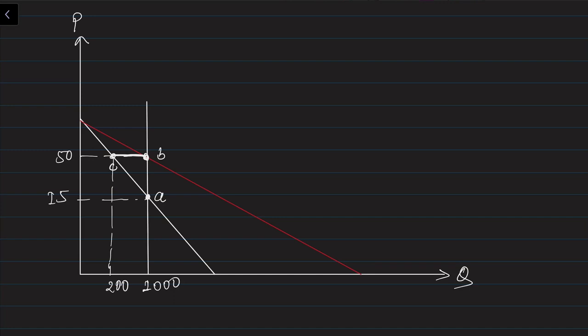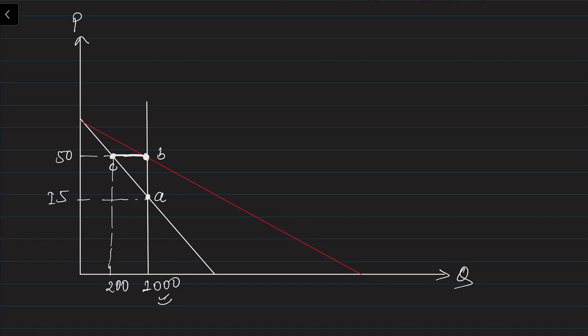So now my question is, how many slaves are they going to free from the market? So this is the amount of slaves that is going to be traded in the market, right? Because this is the aggregate demand curve and this is the supply. So this is the amount that is going to be traded in the market, which is 1000.